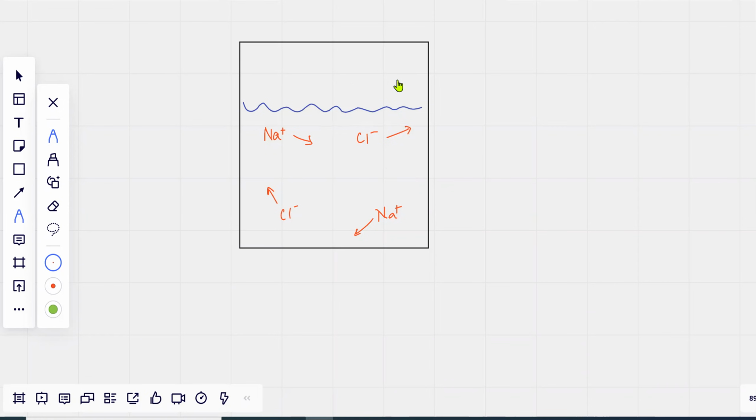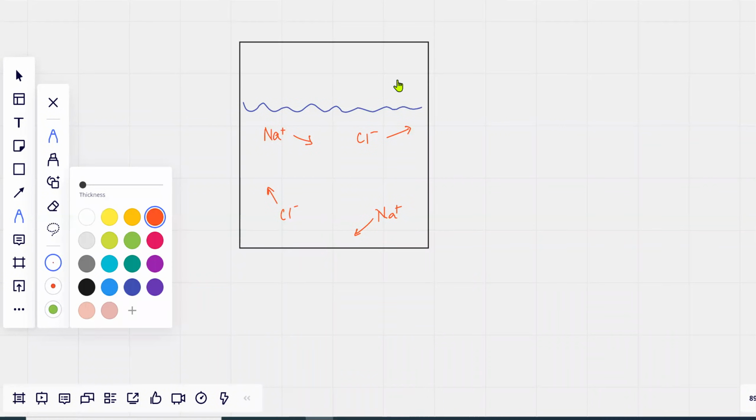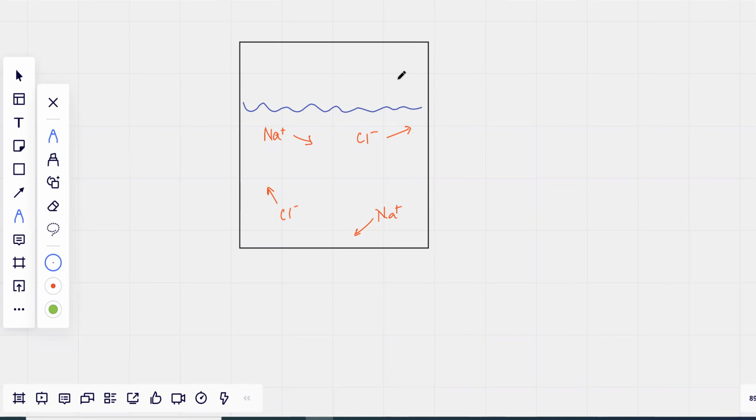So what is precipitation? Precipitation is the reaction in which you add a substance, like I'm going to add silver nitrate. Now that's also soluble. So if I mix silver nitrate, the silver ions and the nitrate ions all get dissociated as well, and these ions are also randomly moving about.